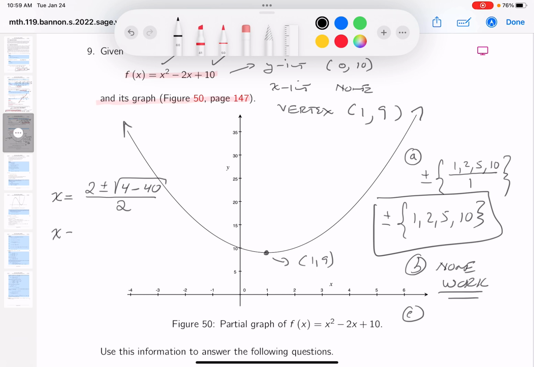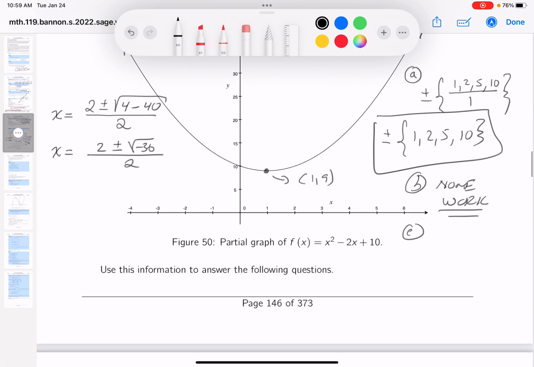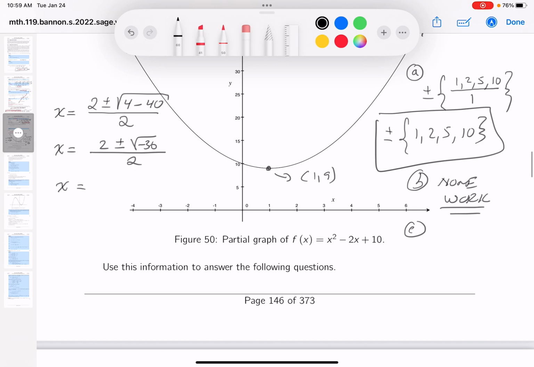So x equals 2 plus or minus, well, 4 minus 40 is minus 36, over 2. X equals 2 plus or minus 6i over 2. X equals 1 plus or minus 3i.